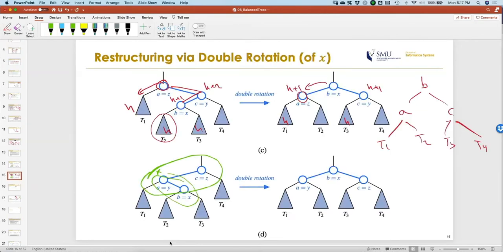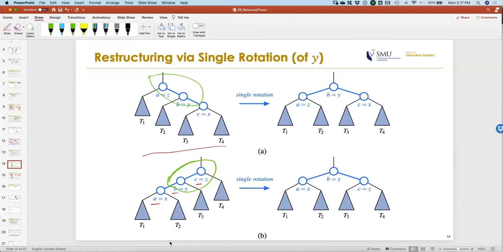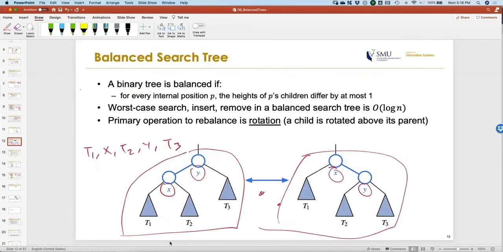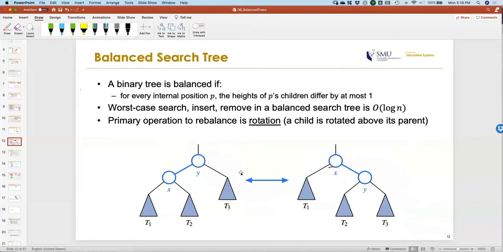Okay, so initially when we talk about rotations, I think the key idea of the rotation is that we would like to conduct a change to the structure of some subtree that is rooted at Y without changing the basic ordering structure within the subtree itself.